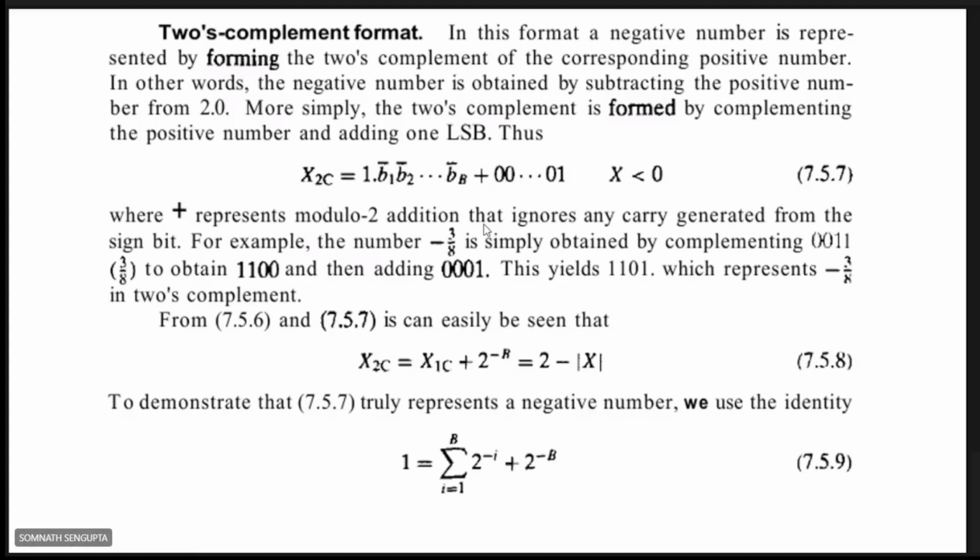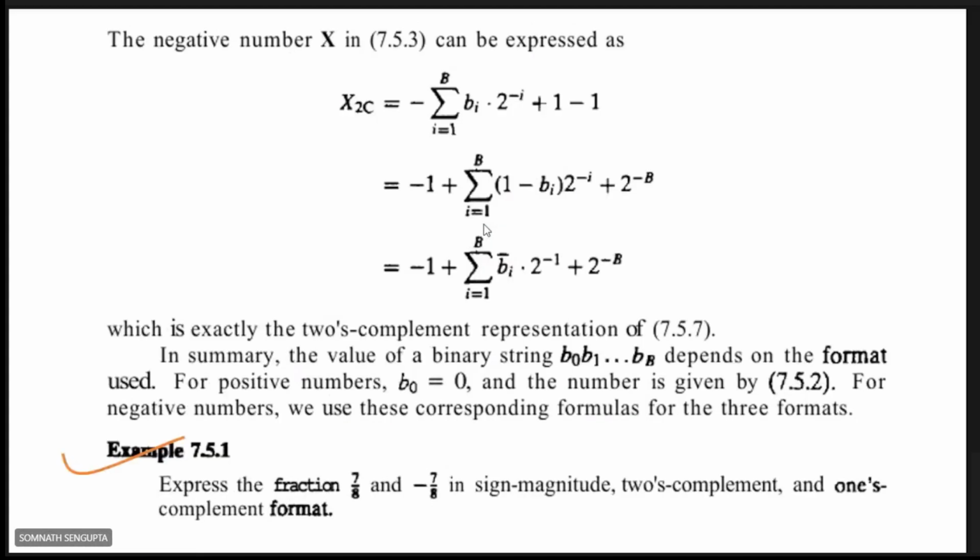Now let us see one example. At the bottom of the slide we can see there are two numbers, 7 by 8 and minus 7 by 8. Represent these two numbers in sign magnitude, 2's complement and 1's complement format.